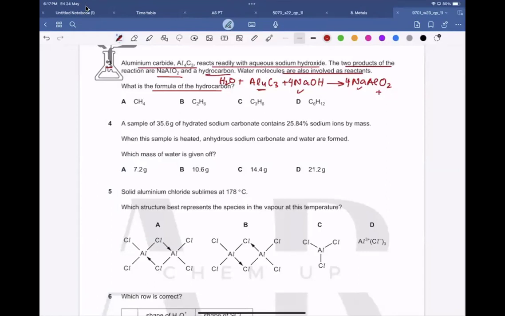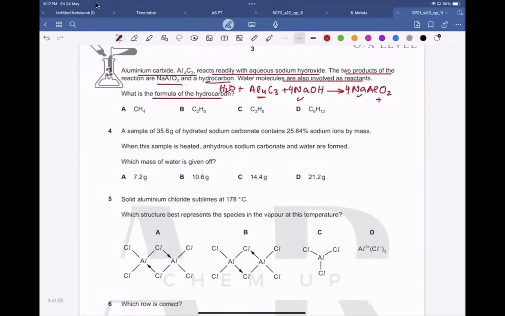So, due to 4 aluminium, I put a 4 before NaAlO2. So 4 sodium hydroxides are there. Now, if you see, by putting this 4, this oxygen would be 8. And over here, how many oxygens do we have? 4, right?